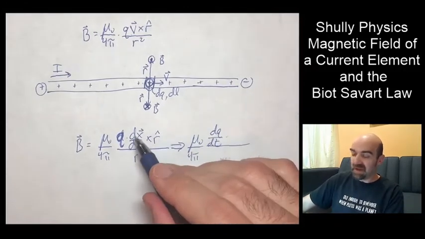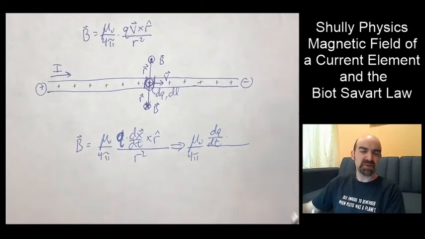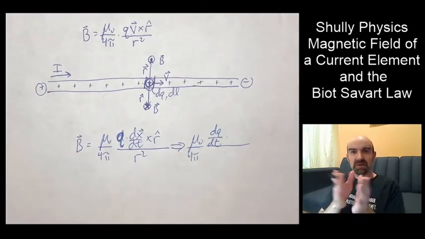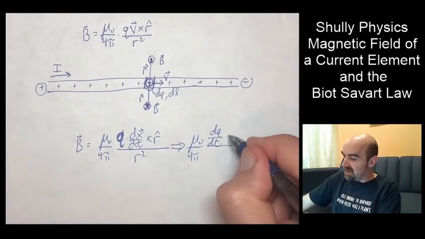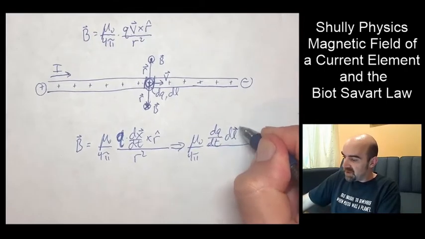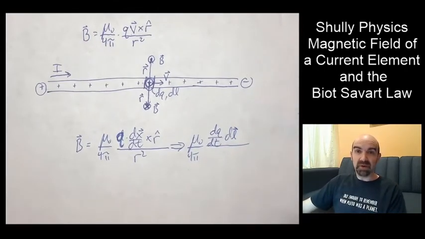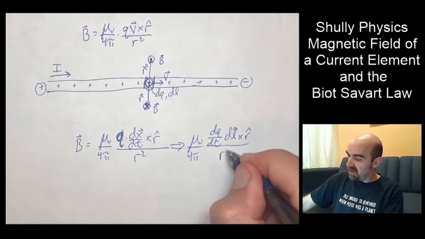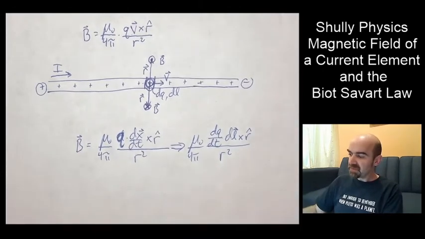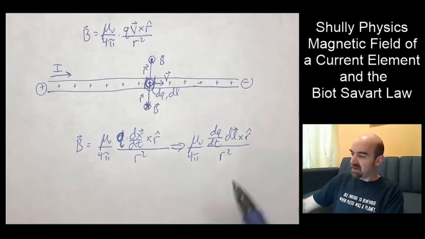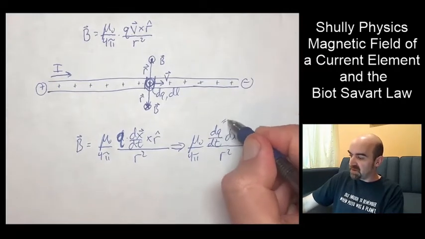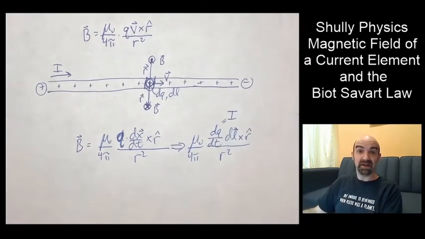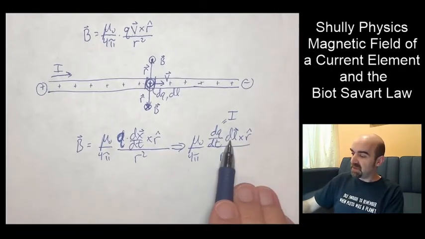So instead of a dx, like a horizontal direction, we're just going to go a little section along the length of the wire, dl. And dl has the direction of the current flow, and that gets crossed with r hat. So finally, what we're looking at here is dq over dt, which is the current, I. And we get left with a dl.